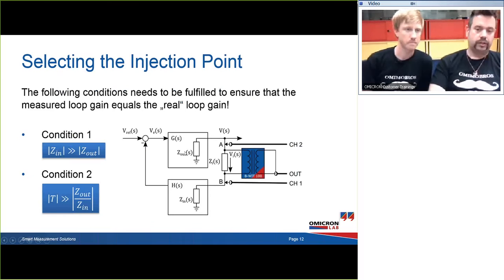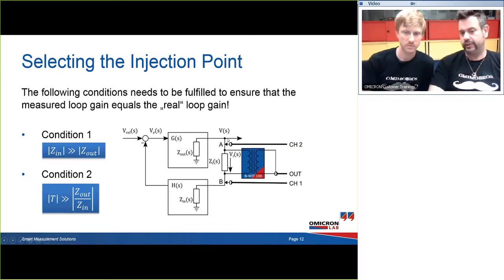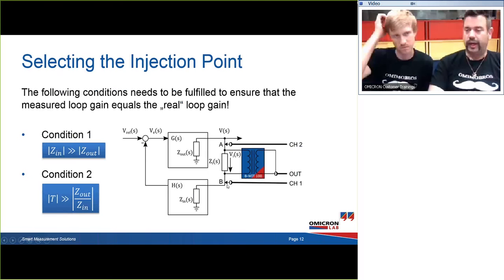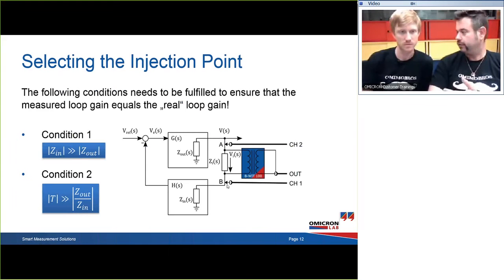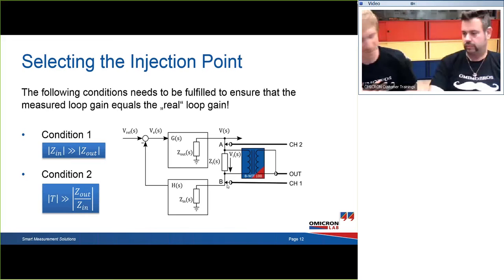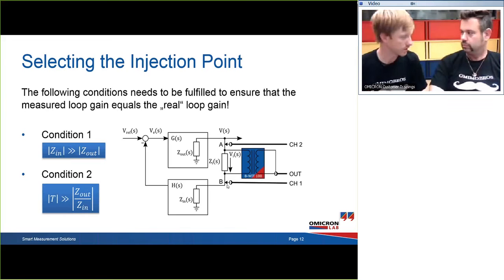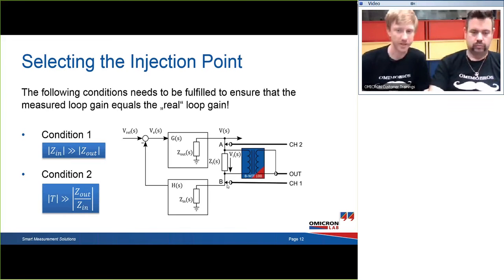A good point is, for example, the output of my power supply, which has a low impedance because power supplies have a low output impedance, and then I go to the feedback loop, and after my injection point is the feedback divider, which is usually high impedance. So this is a good point. Another good point would be, for example, the output of an operational amplifier or op-amp input. I think those are the best points you can find.